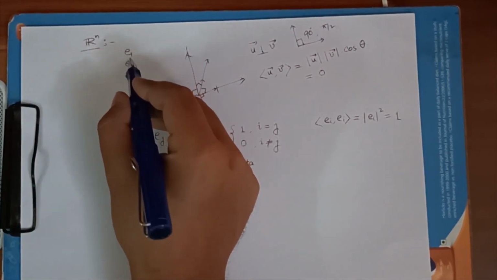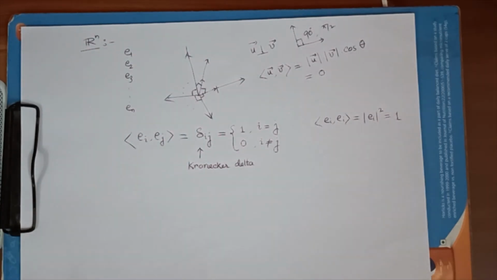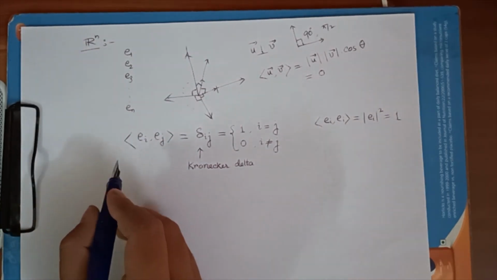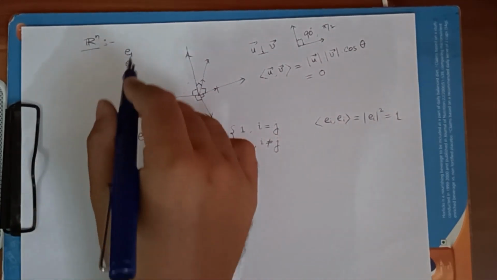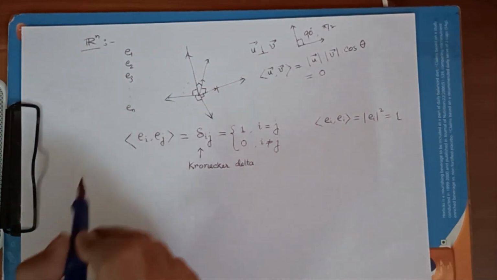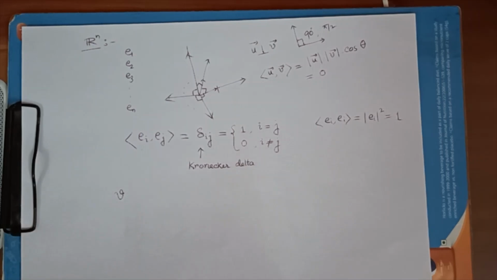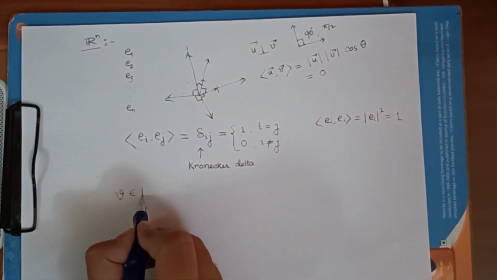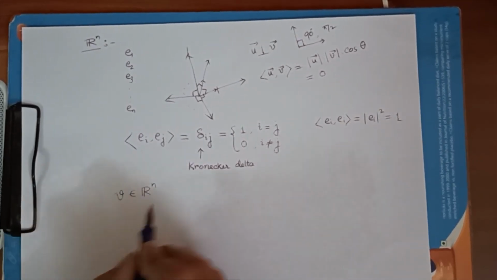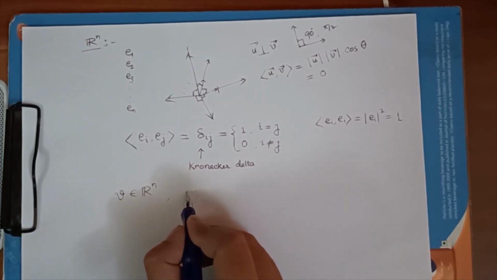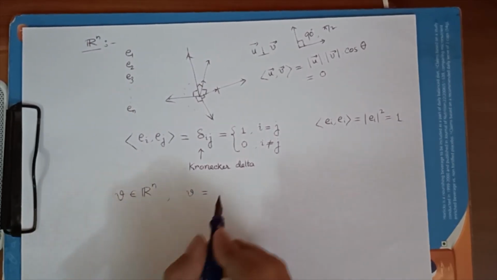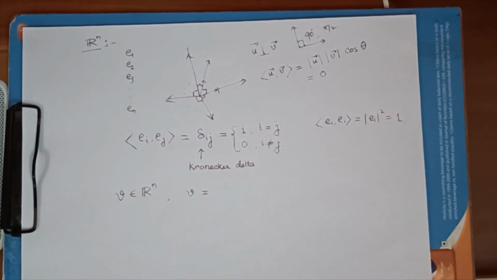If we have these n basis vectors, then using these basis vectors, any vector in that n-dimensional vector space can be represented uniquely. So if we take any vector v in that vector space Rn, we can write v equal to, we have already developed it for 2 dimensions.